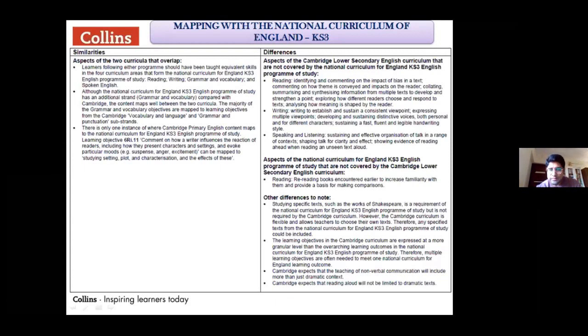Let's look at the writing strand, writing to establish. Now they have identified a lot of elements of writing: to inform, to explain, to describe, to persuade, to discuss, to argue.